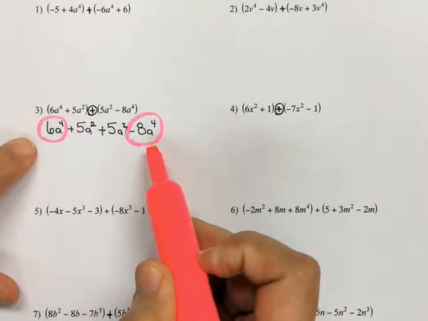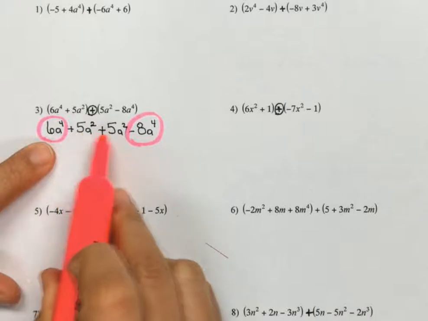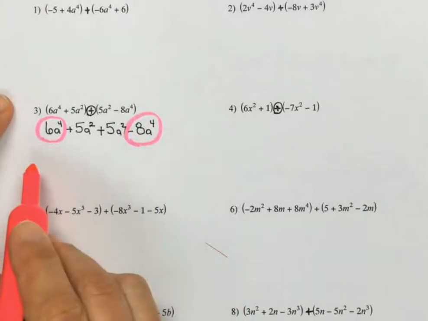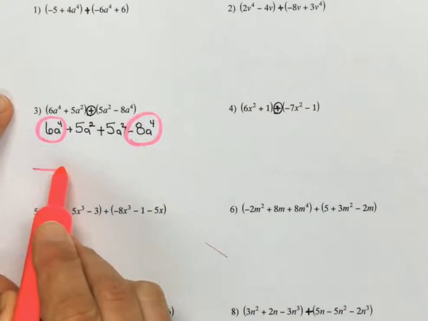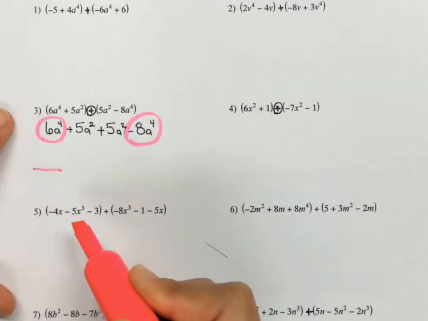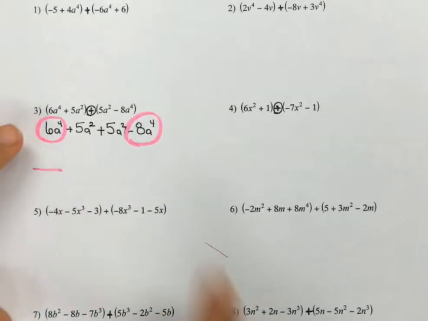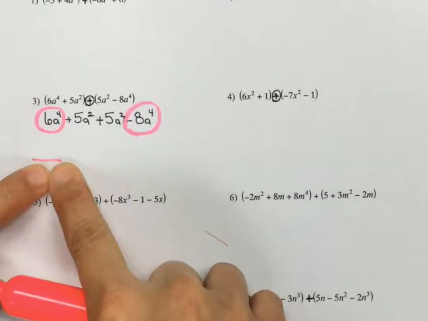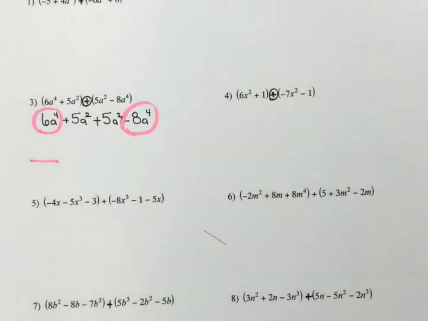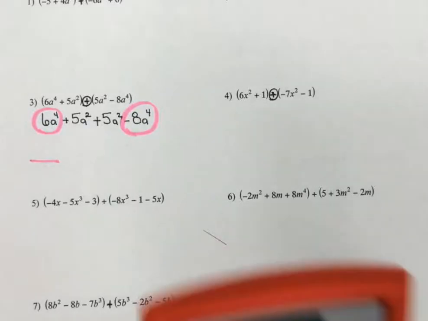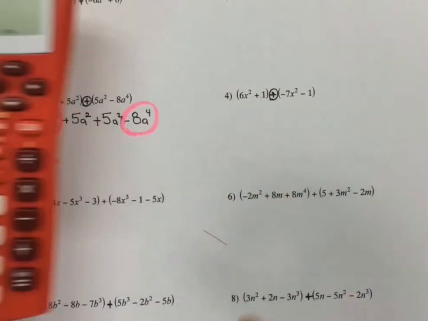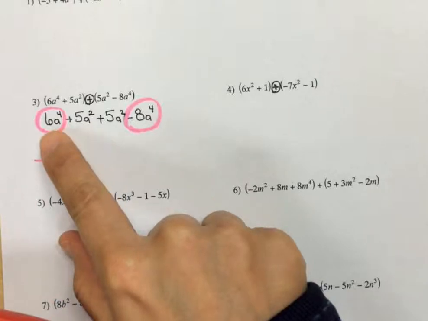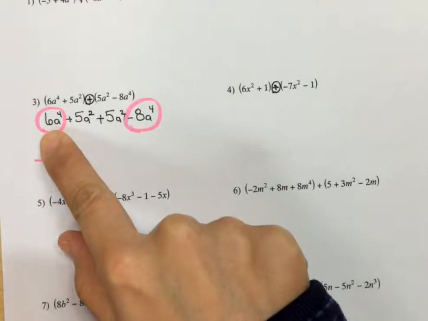The next thing I'm going to do, I double check, there's no more a to the fourths. So I'm going to write below that first equation a pink line. That lets me know that I'm taking these two terms and I'm now going to combine them to get one term. We put those in our calculator. My calculator's a little different, but remember here, 6, it's positive, we don't have to put a sign in there.